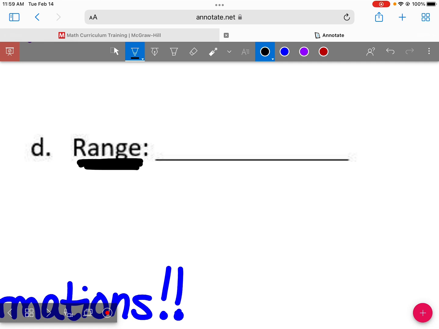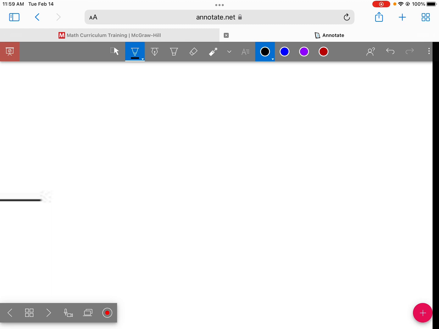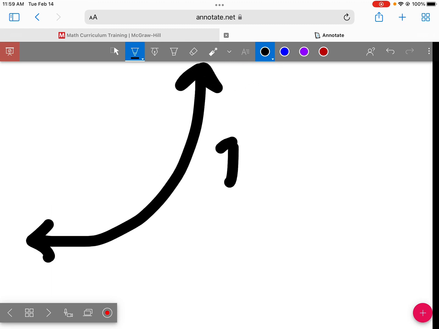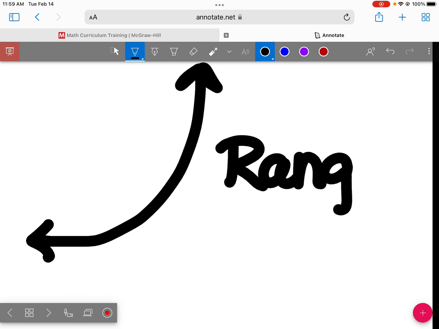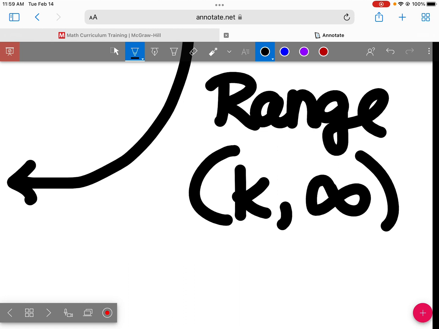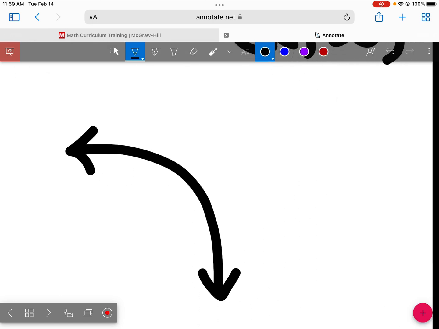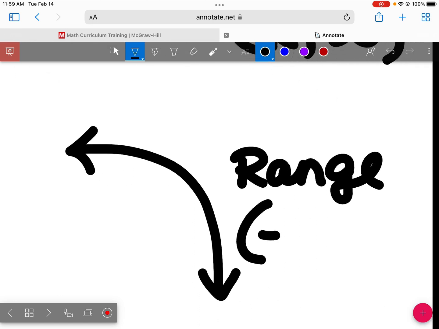The range. It's going to be one of two different things depending on what that graph looks like. If the graph looks like this, the range will be k to infinity. But if my graph looks like this, the range will be negative infinity to k.